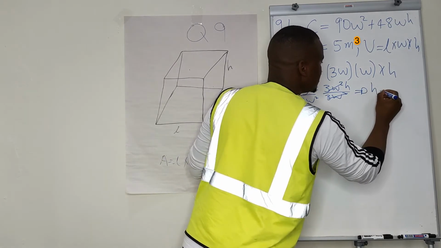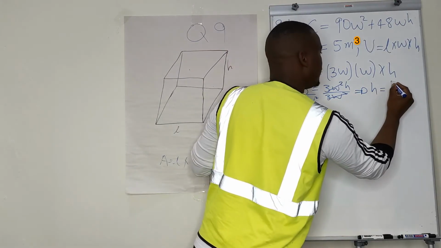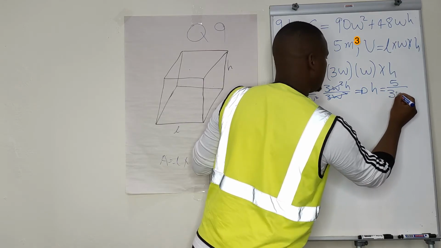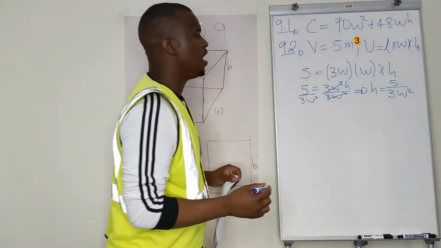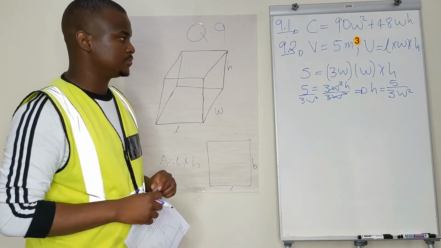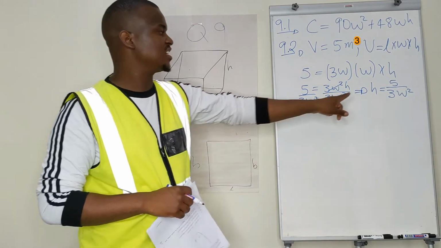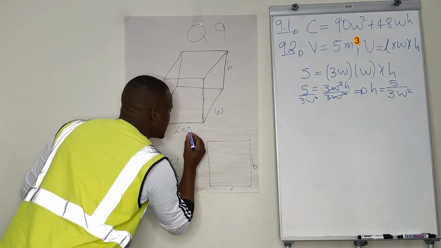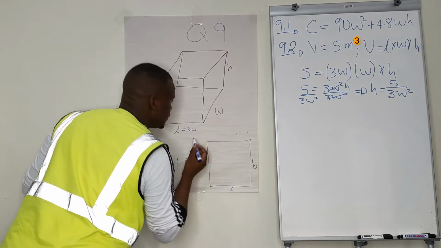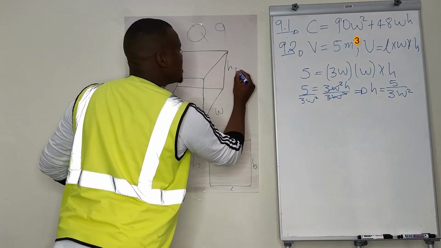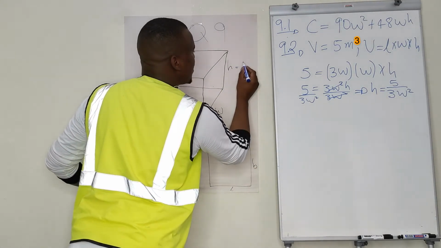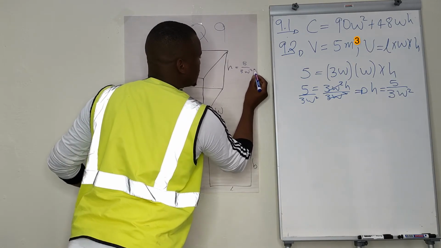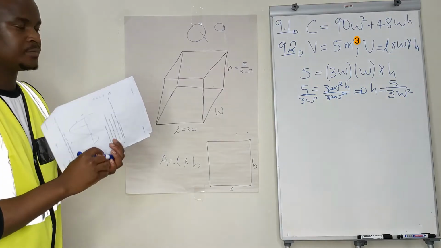Therefore, h is equal to 5 over 3w squared. So this is our height. We've expressed our height in terms of w. So we know our L is equal to 3w, our w is w, and our height is 5 over 3w squared.